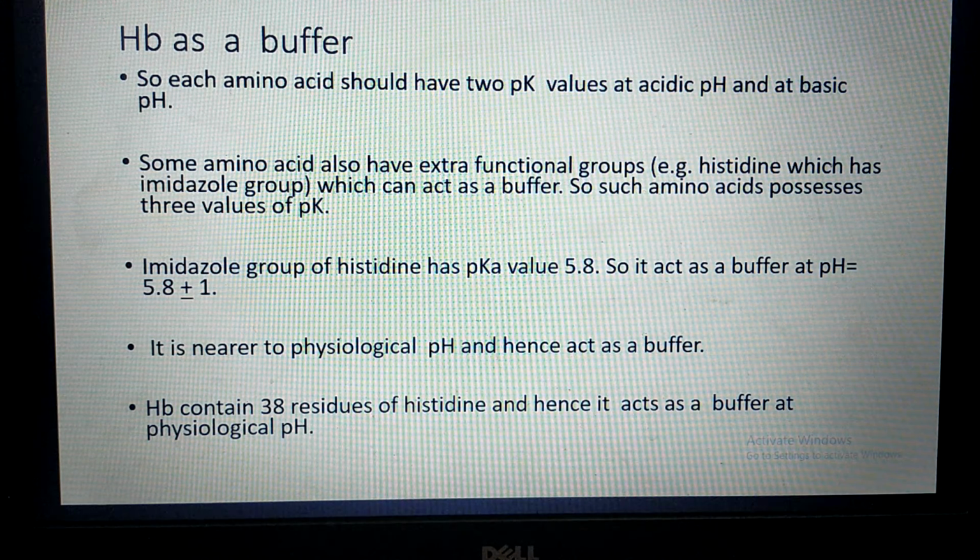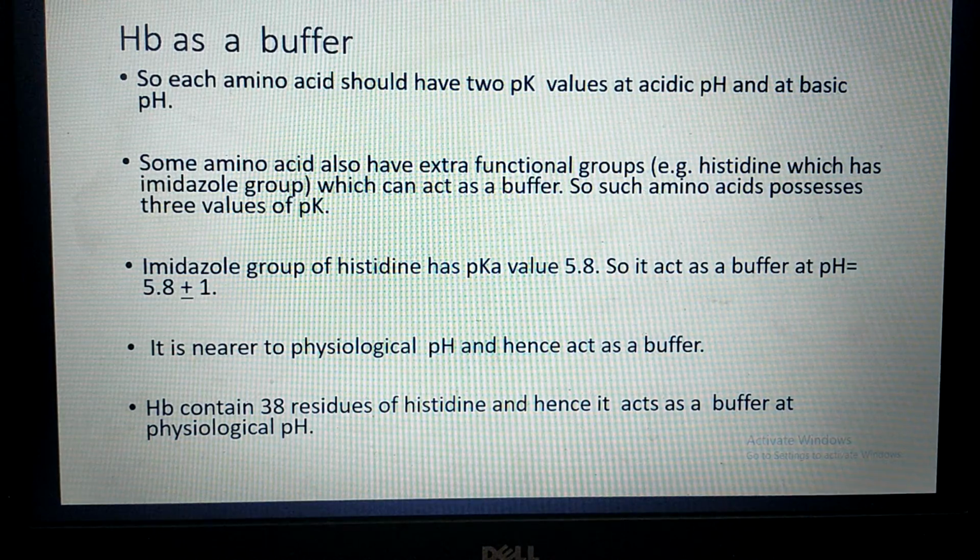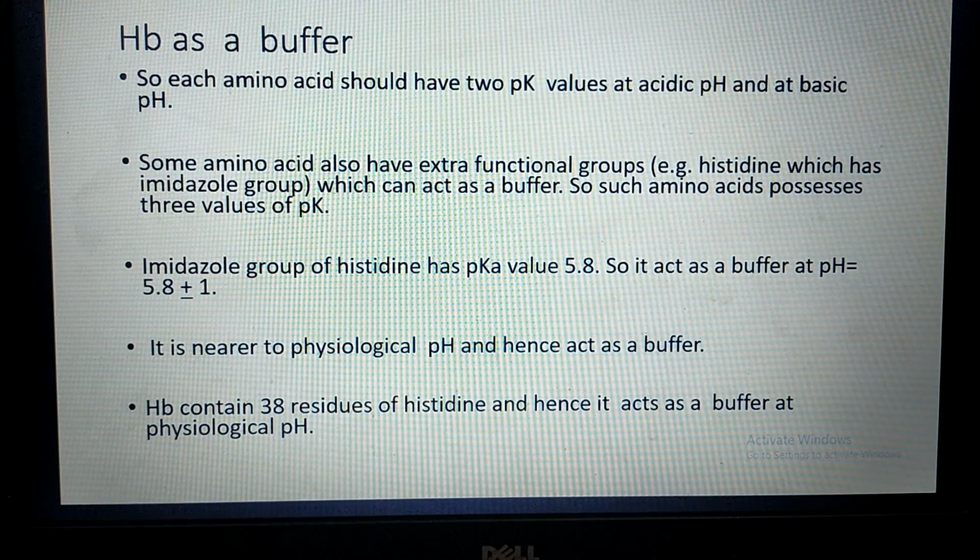Therefore, they do not function at those pK values. Only the imidazole group of histidine can act as a buffer at physiological pH. The hemoglobin molecule contains 38 residues of histidine and hence it acts as a buffer at physiological pH. This is about the functions of hemoglobin. Thank you very much.